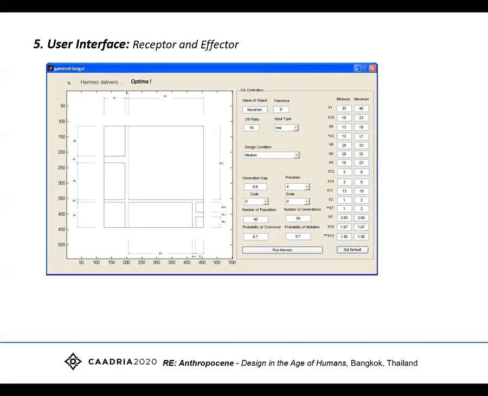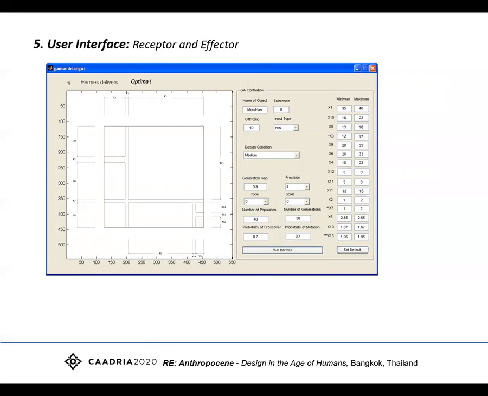The receptor and effector are the user interface to perform a guided search for formal structure of Mondrian's painting that reaches the optimal proportionality value. The receptor includes design definition, genetic algorithm setting, input variables, and reset and execute. The effector includes outputs such as plot of the optimization process and morphological transformations.